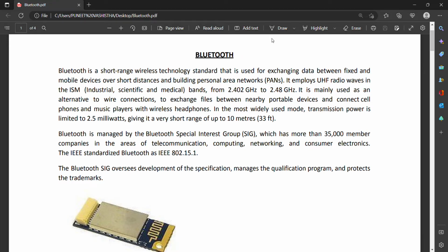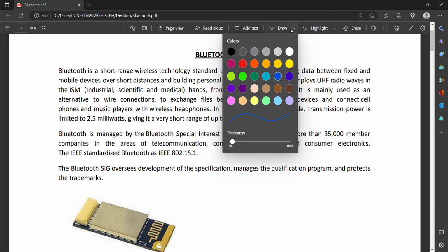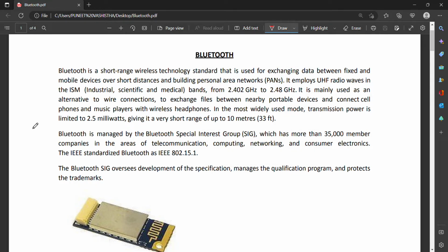Right? So let me take this pen here. Suppose you have this mobile phone and you want to connect it with other kinds of devices, like your earphones, your oven or AC, or you want to control your TV as well.